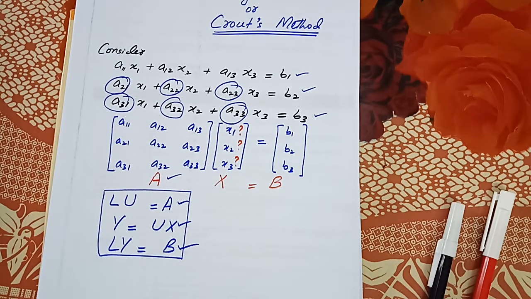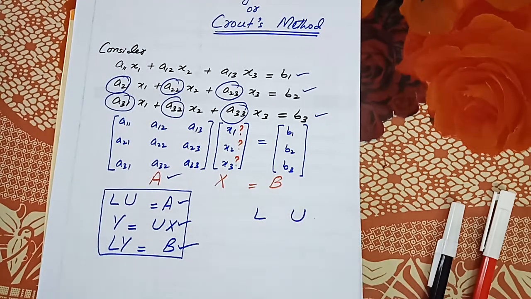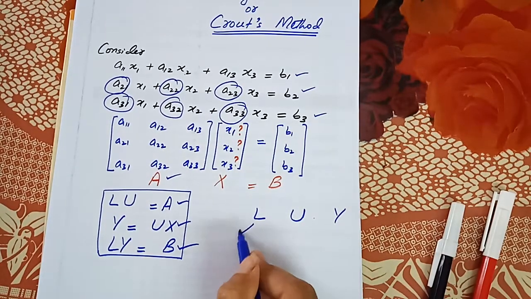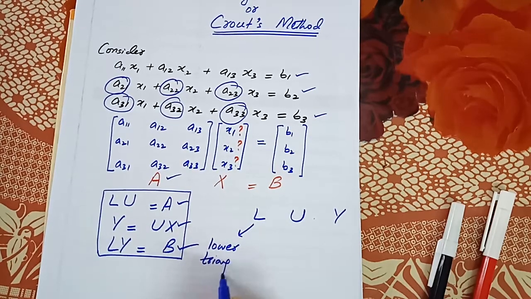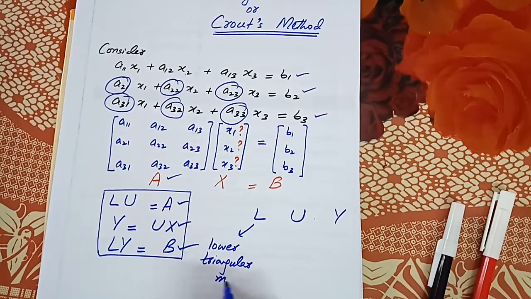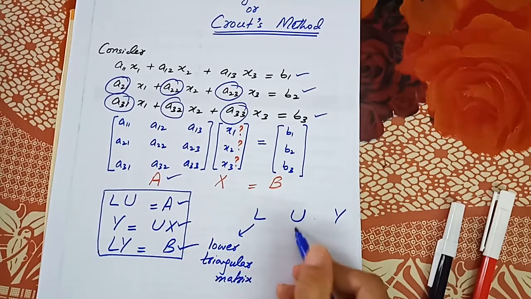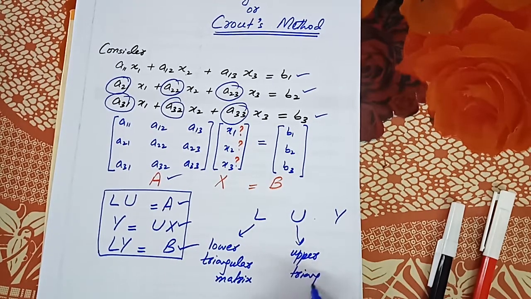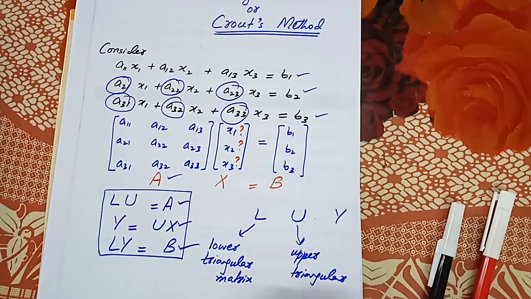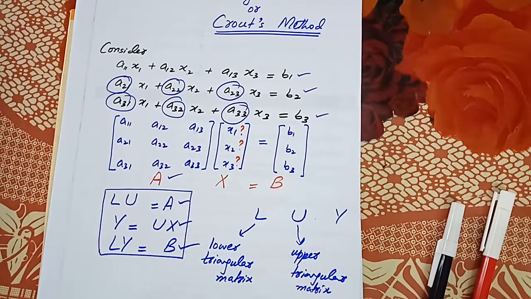But the problem here is you don't know what L, U, and Y are. L is your lower triangular matrix. U is your upper triangular matrix. And Y is some unknown matrix that we will use to find the other matrices.